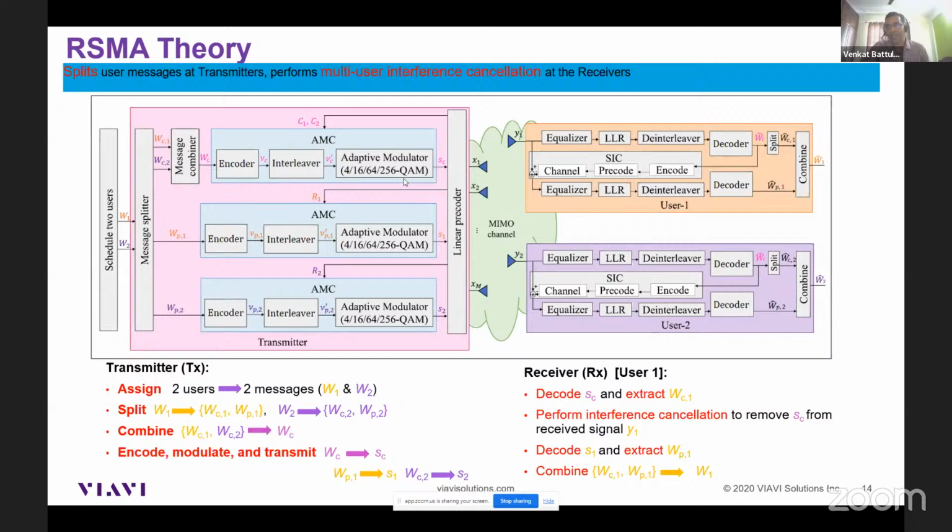Then you can split it and extract that user signal, and then reconstruct the signal again and do interference cancellation. Then you decode your private stream. So the common stream is decoded as it is, then the user extracts its data from the stream, reconstructs it and does interference cancellation. So that's the receiver structure.